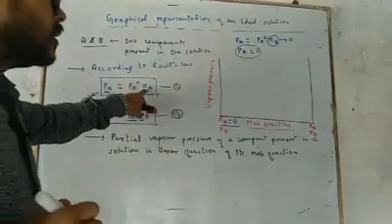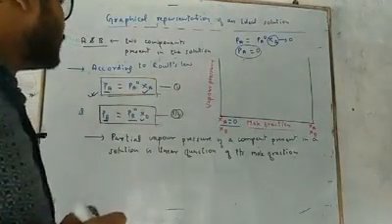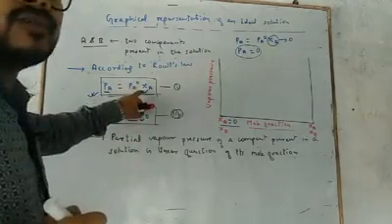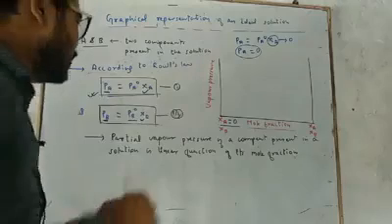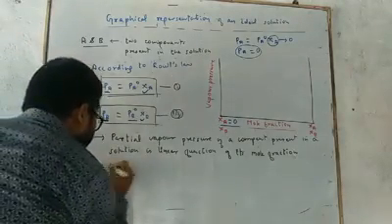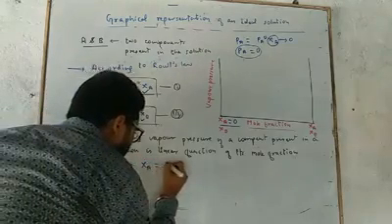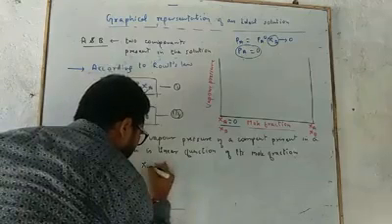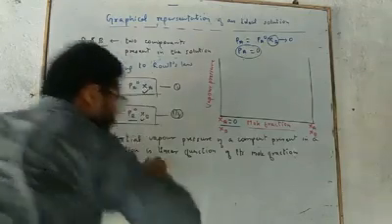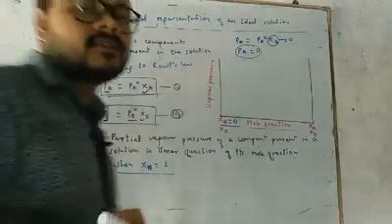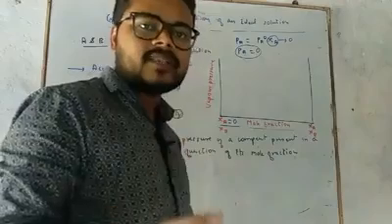Now when XA is equal to 1, the mole fraction of component A is equal to 1. What does this mean? It means only one component is present in the solution.